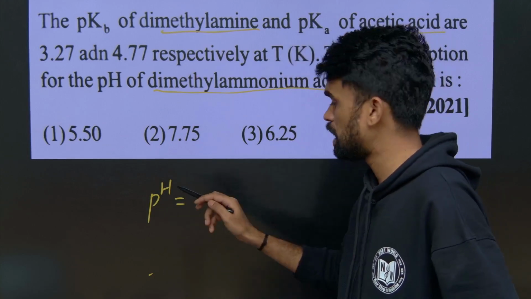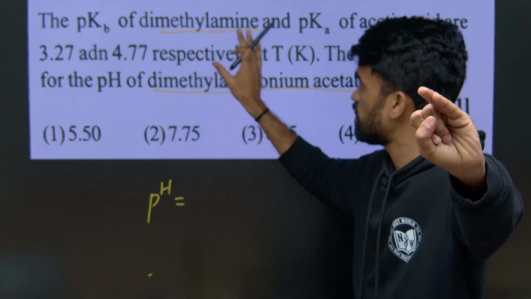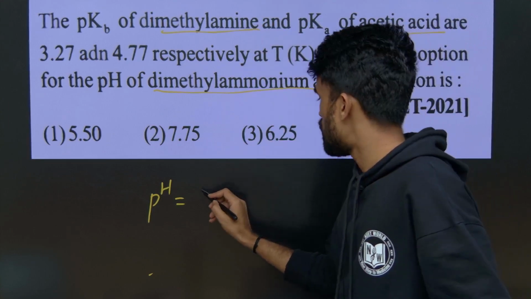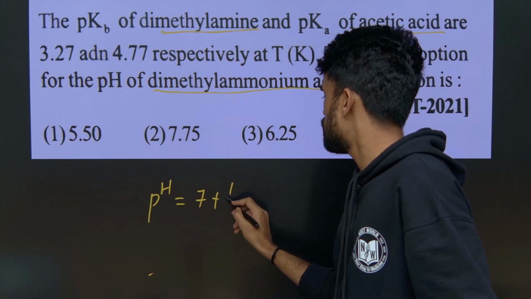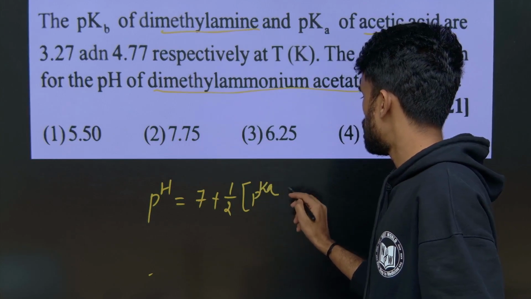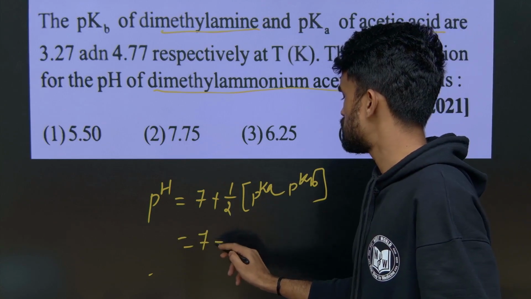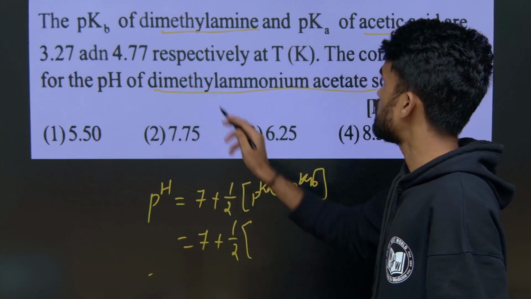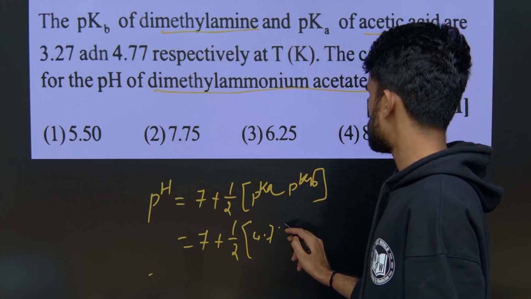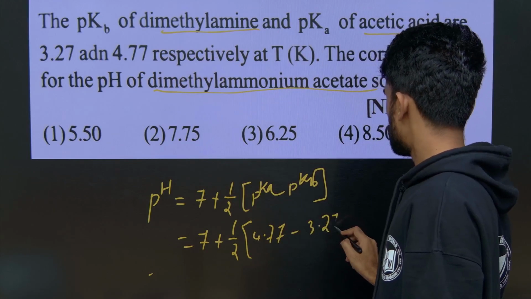So whenever we have a weak acid and weak base in the given mixture, the pH of the salt will depend upon the pKa and pKb values of that acid and base: pKa minus pKb. So this is the formula we need to use. pH equals 7 plus half into the pKa, which is 4.77, minus pKb, which is 3.27.